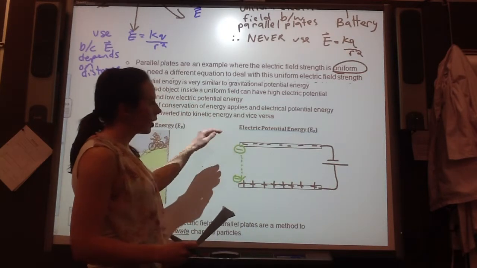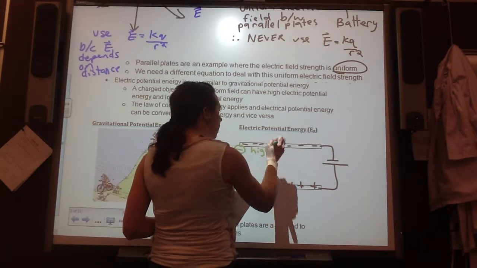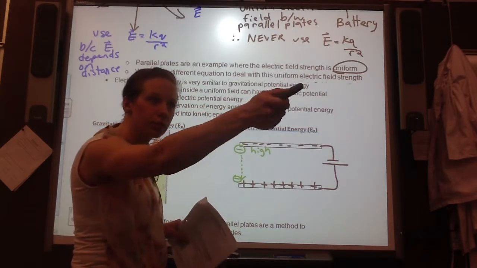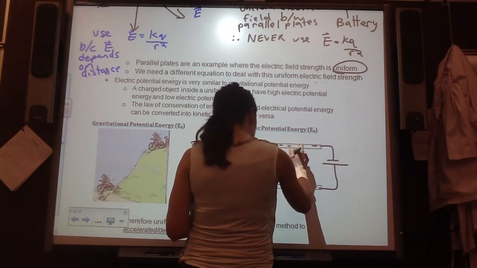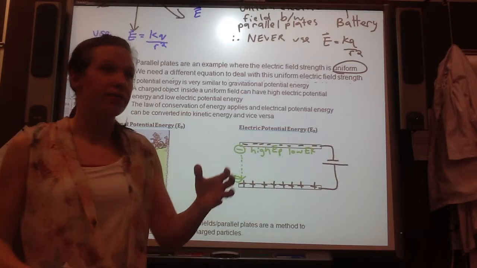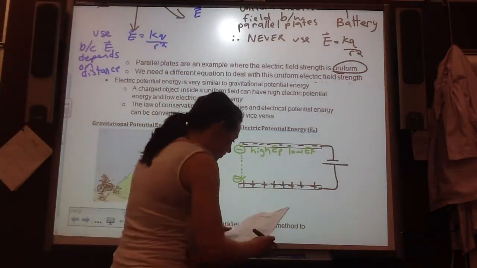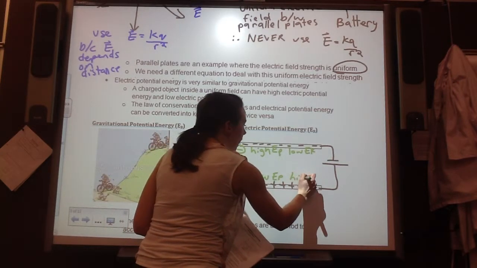At this point where it was at the negative plate, you told me it has high what type of energy? Potential, yeah? And low EK, or basically EK could be 0 if it's not moving, you're just holding it there. And then at the very bottom, we have low EP and high EK.